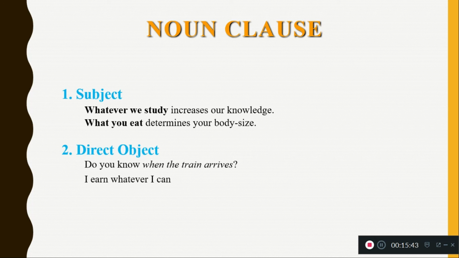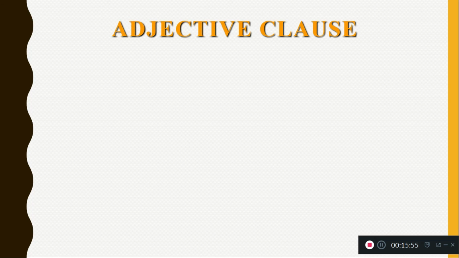Then, noun clause can be direct object of a sentence. For example, in the sentence, do you know when the train arrives? When the train arrives functions as object of the verb, so it is also a noun clause.